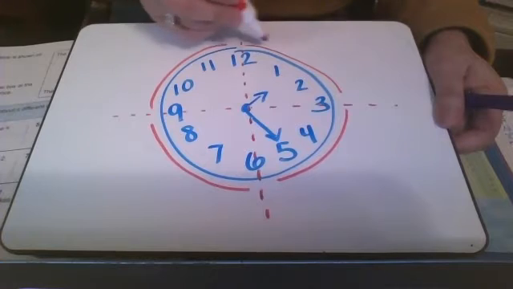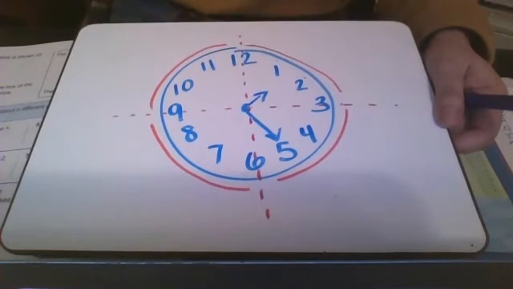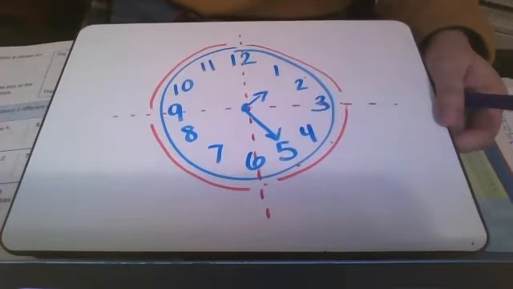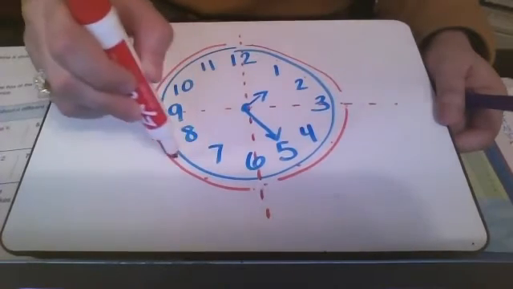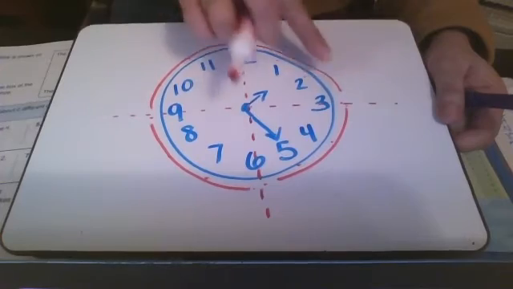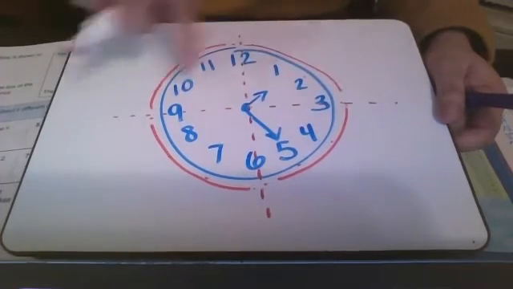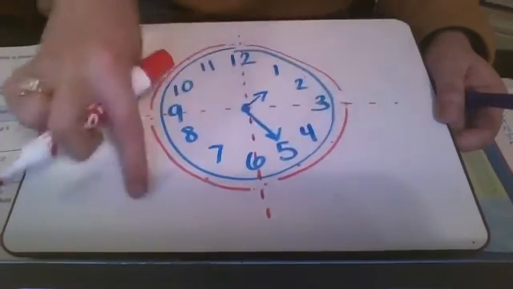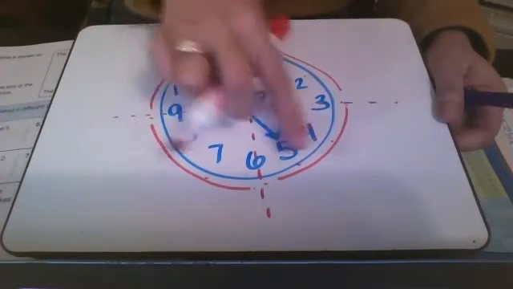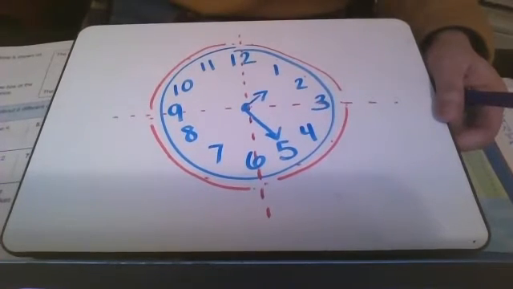I have 5, 10, 15 minutes in the first section, 5, 10, 15 minutes in the second section, 5, 10, 15 minutes in the third section, and 5, 10, 15 minutes in the last section. Okay, so another way that we can think about this is that we have 4 quarters to the clock. That means it's divided into 4 equal pieces.